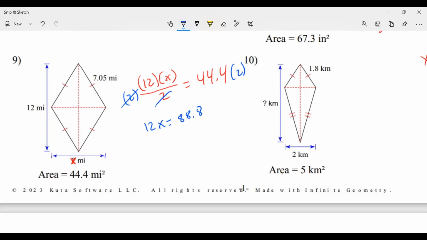Now to get x by itself, let me divide both sides by 12, because that way the x stays by itself. Use a calculator if you need to. 88.8 divided by 12 gives me 7.4.